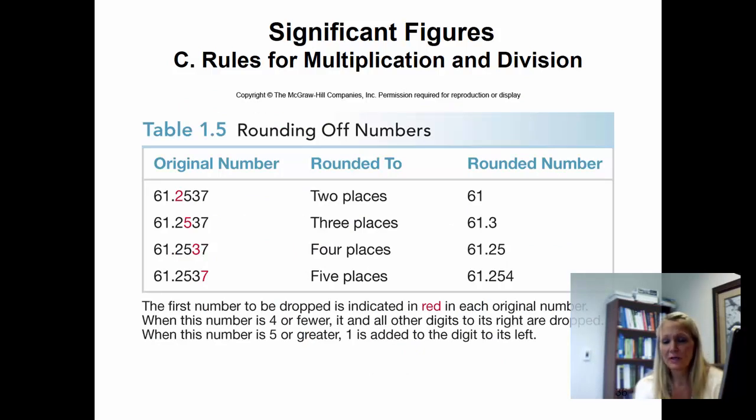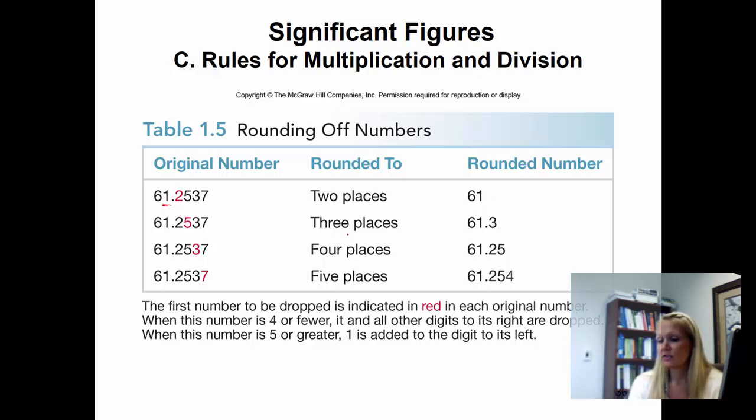Here are some more rounding examples. Let's pretend we don't have an operation here, but we're supposed to round to 2 places. I go to my second place, I look next to it, and the number in red is 2. It's below 5, so I leave it as 61.